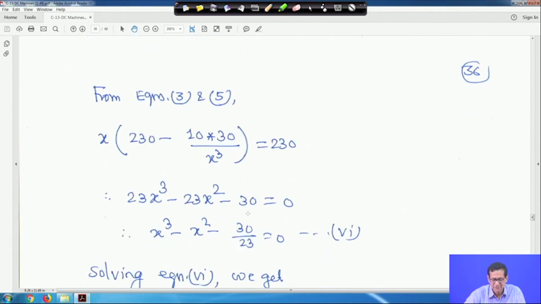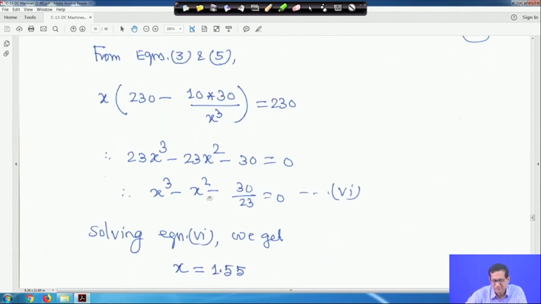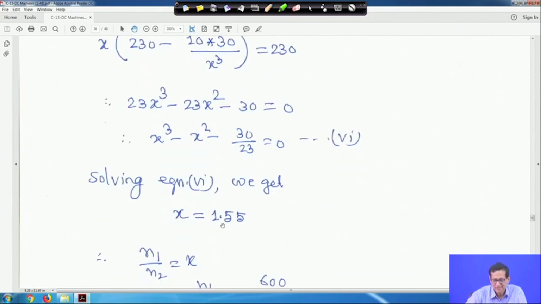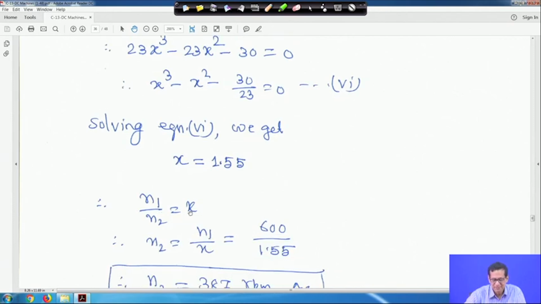If you substitute, this equation will become x cube minus x square minus 30 upon 23 is equal to 0. So, it is a cubic equation. You will have 3 solutions. With a little bit of trying, you will get x is equal to 1.55. That means N1 upon N2 is equal to x.